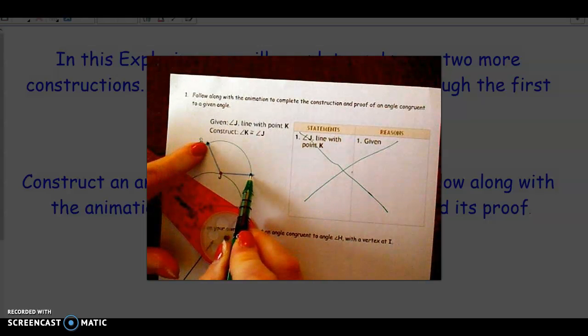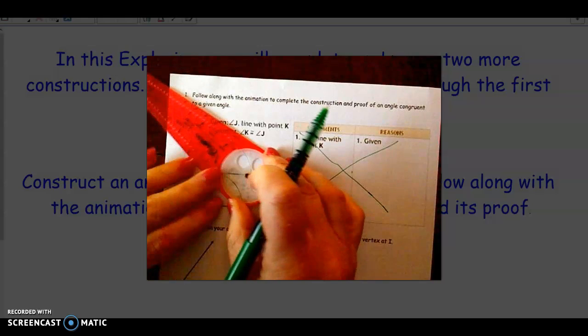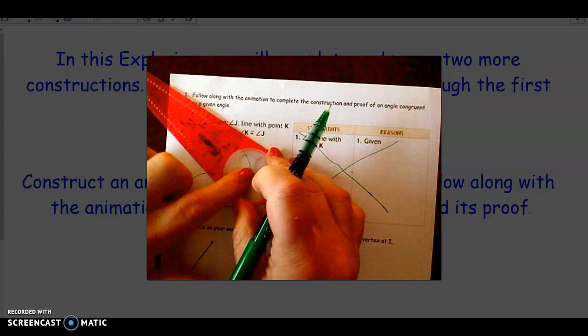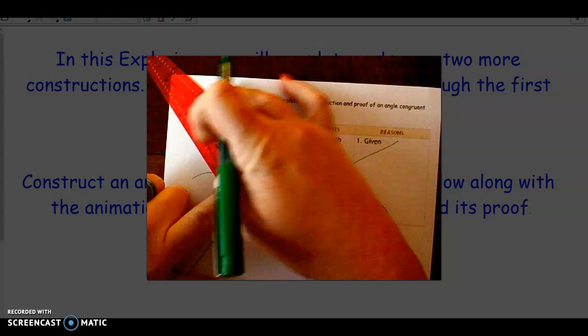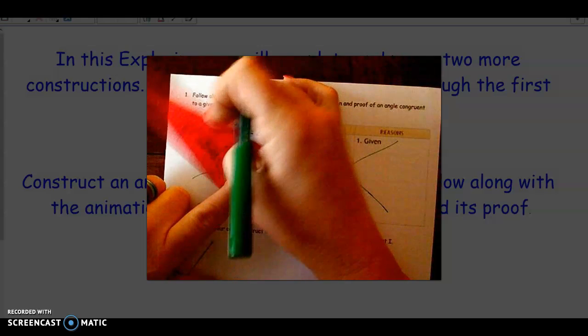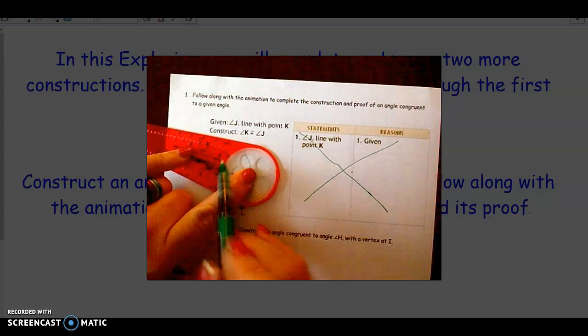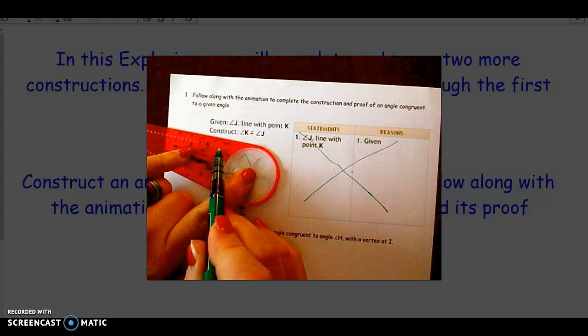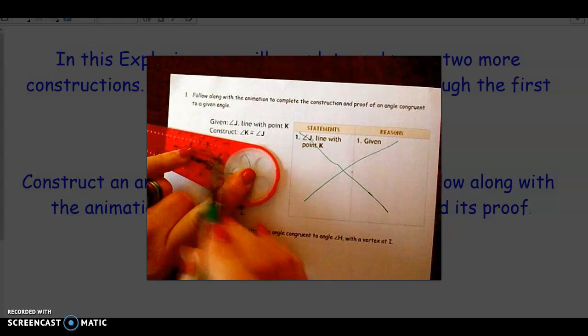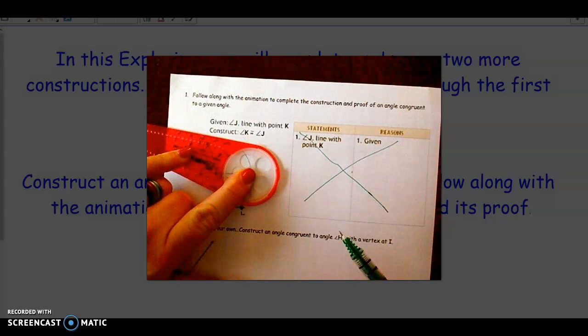So this is what we're going to be measuring with our compass, hole to hole. I'm going to put my hole on point A, and then find the best hole setting that will match up with point B. It happens to be the 1, 2, 3, 4, 5, 6, 7th hole on the bottom part of my compass.